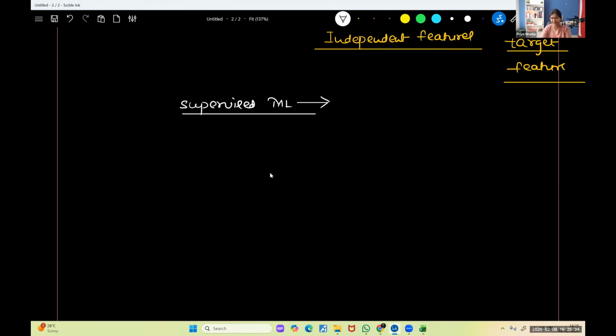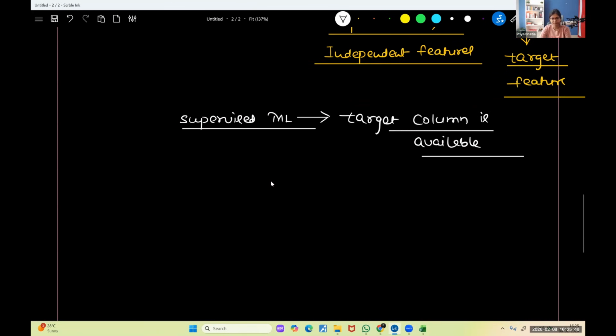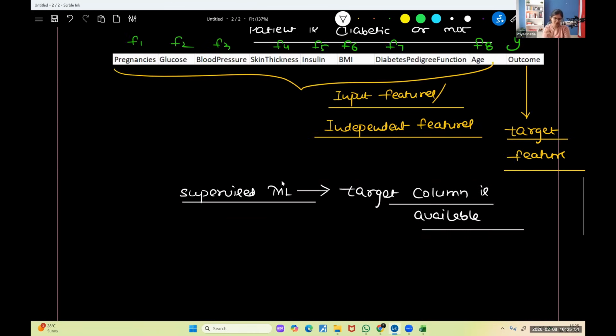Supervised machine learning means that your target column will always be available. So when your target column is available, that specific portion is what we can consider under supervised ML.